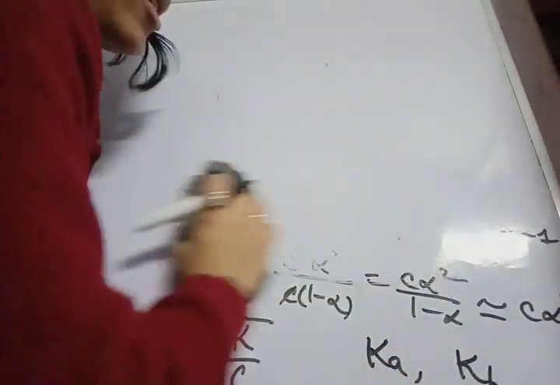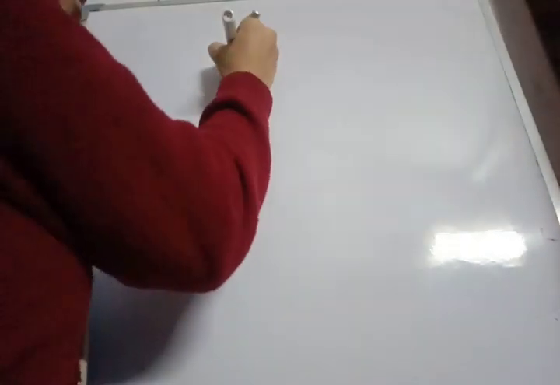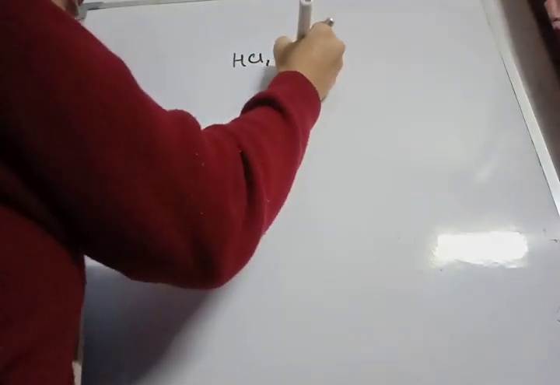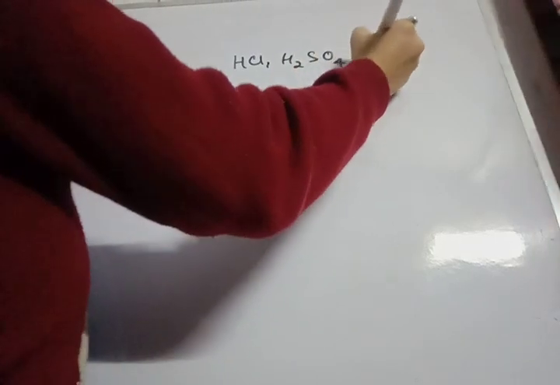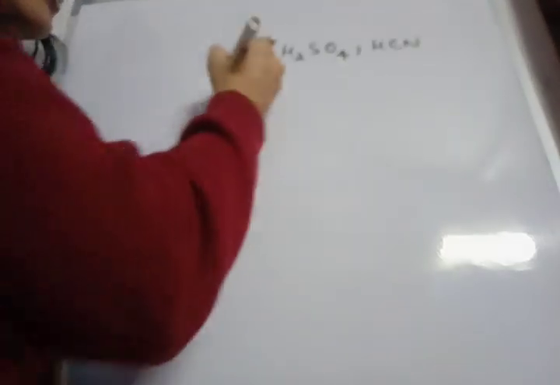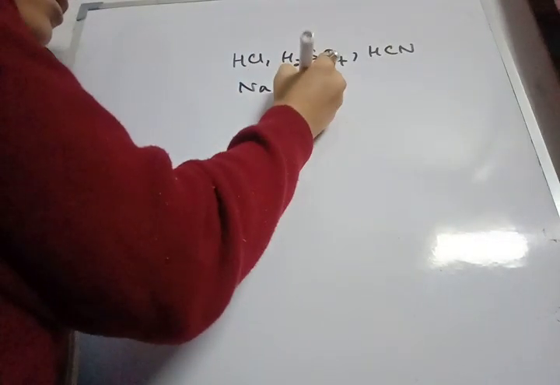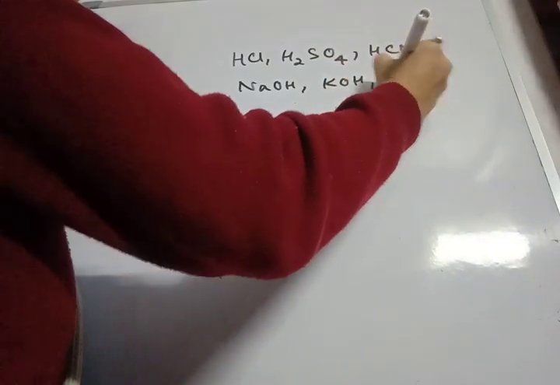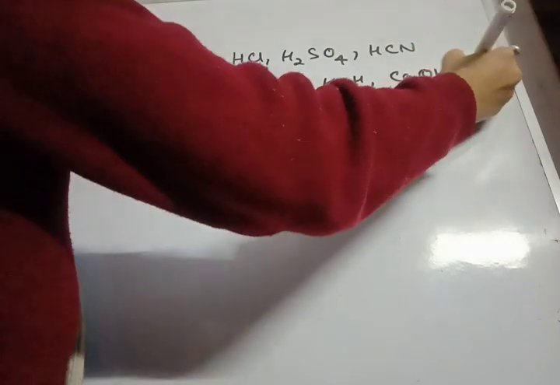According to the Arrhenius concept, acids are the substances which produce hydronium ions in aqueous solution, and bases are the substances that produce hydroxyl ions in aqueous solution, right? So according to the Arrhenius concept, HCl is an acid, H2SO4 is an acid, HCN is an acid, and which are bases? Definitely the ones containing hydroxyl ions, that is NaOH, KOH, calcium hydroxide, etc.